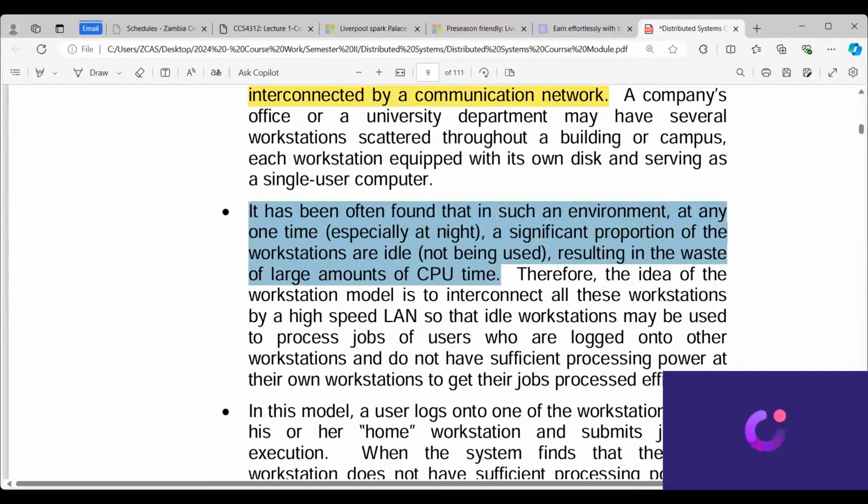It is only possible when people are working.